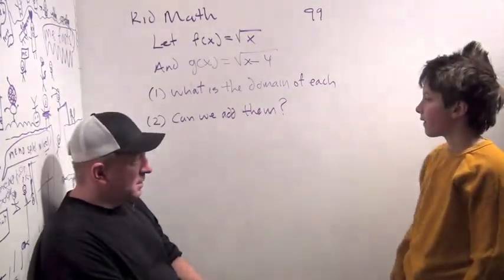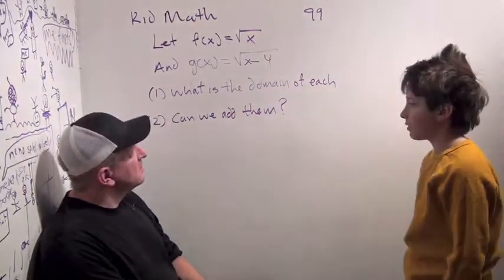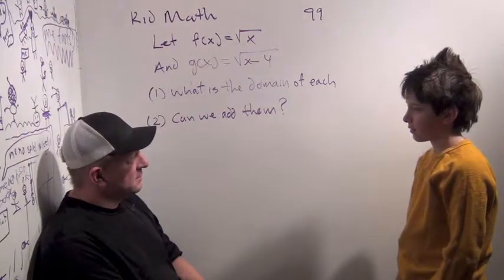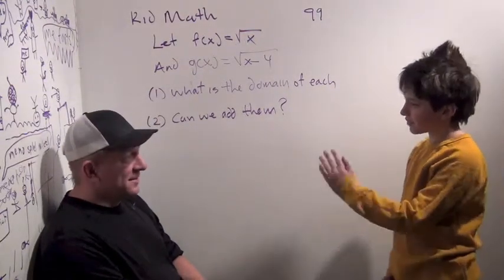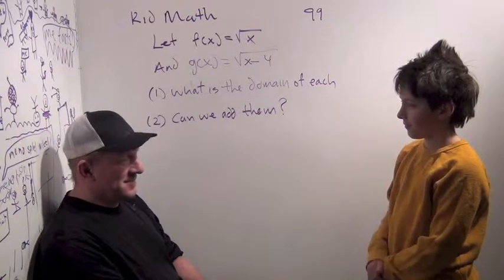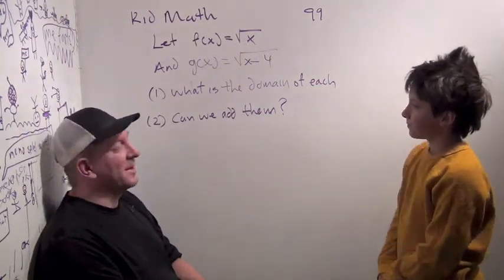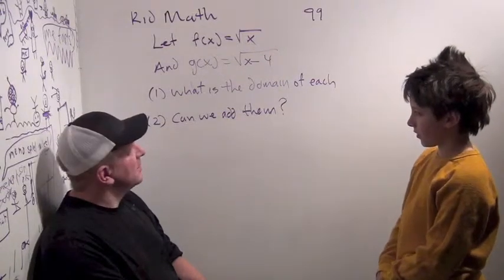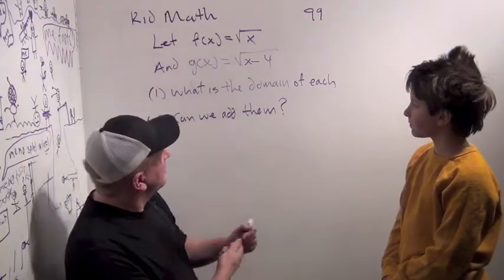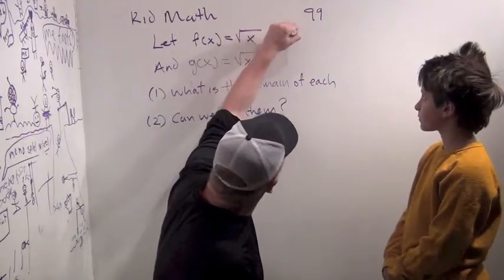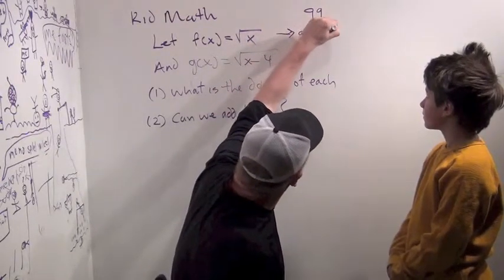Zero, you get square root of 0, which is 0. So the domain is all numbers greater than or equal to 0. The domain of this one is all x greater than or equal to 0.